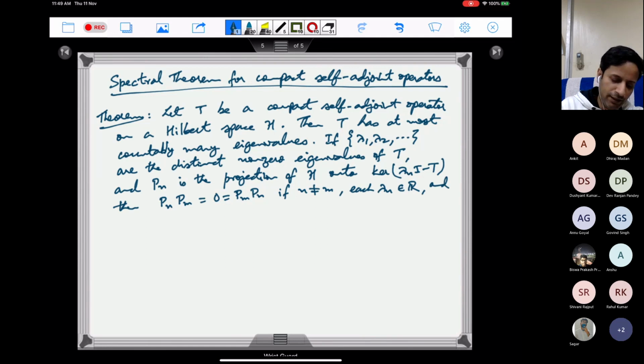And the important thing is that we can decompose this T. So we can write T is equal to the summation of lambda n Pn. We know the meaning of this, because this convergence is in the operator norm.